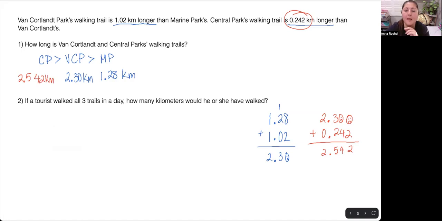Okay. So now it's asking me what would happen if a tourist, such as yourself or myself at this point, because I haven't lived in New York in a long time, walked all 3 trails in one day, right? So all 3 trails means I would have to add all 3 of those items together.